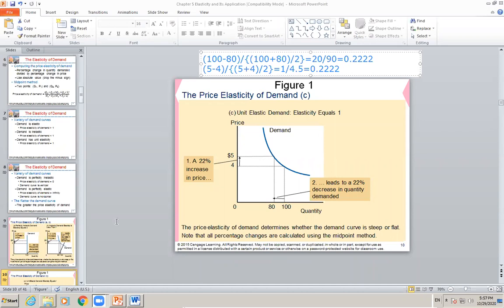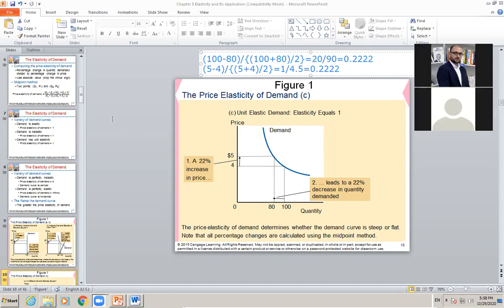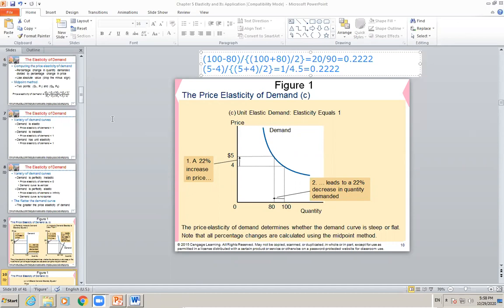And can I ask you one question? Why do you think we need to know this unit elastic or elasticity? Why do you think it is needed for the product? Before answering, tell me, the mask now in the pandemic, is it elastic or inelastic? Inelastic. And is it a necessity product or luxury product? Necessity product.